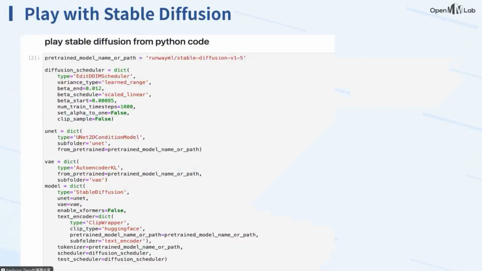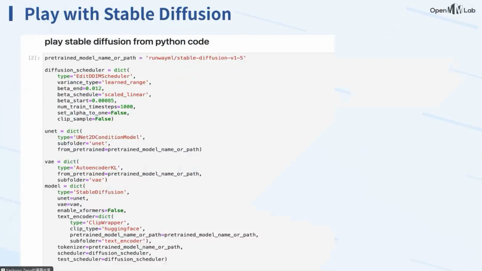First, Python code. That means we need to set everything in Python code style. For example, we define all the details we use as a dictionary here, such as the diffusion scheduler.